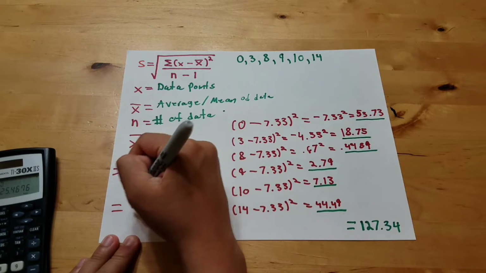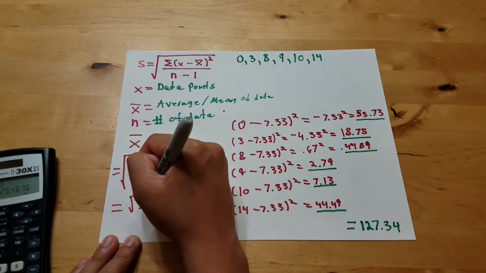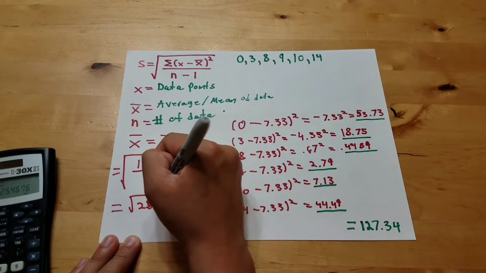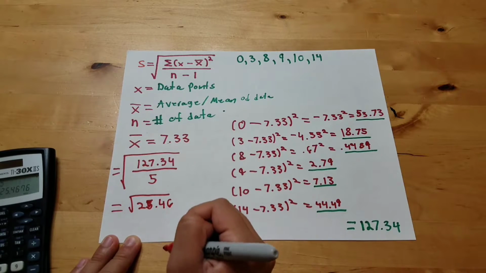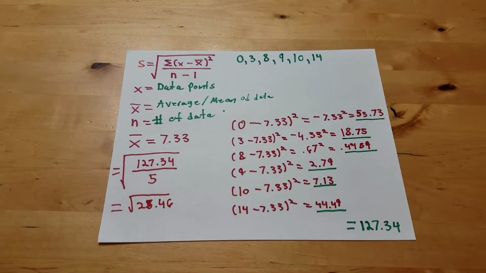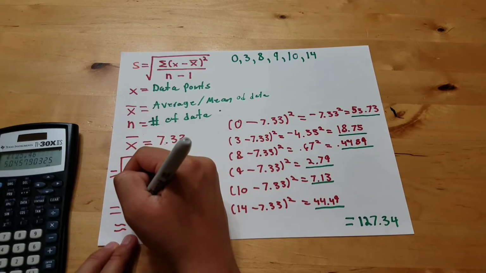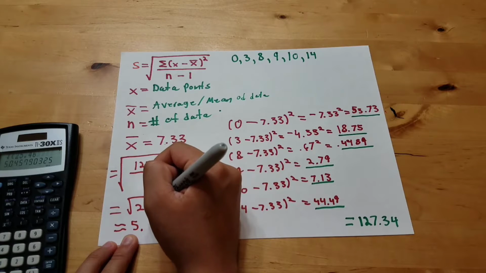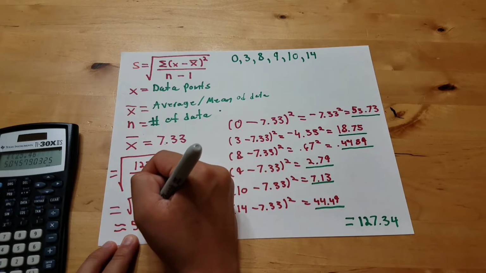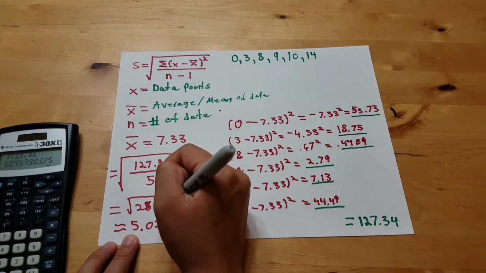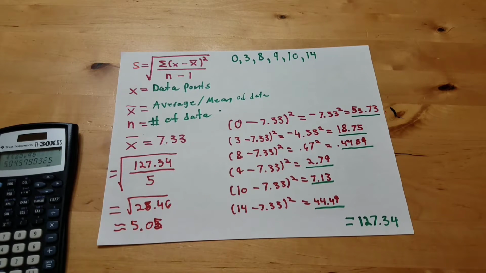So we get the square root of 25.46, and when you find the square root of that, it is equal to an estimate of about 5.05, and that is basically standard deviation.